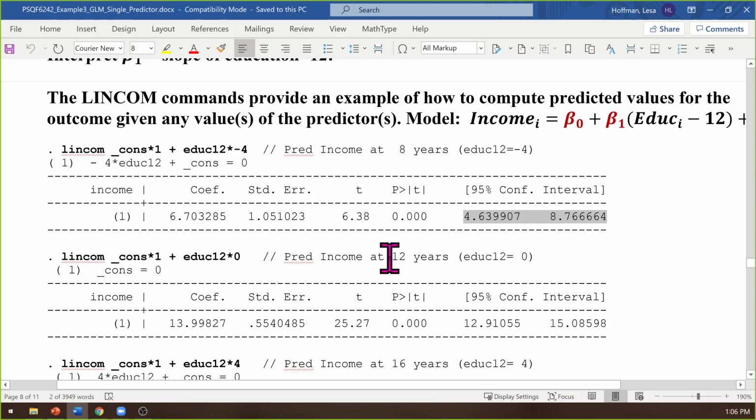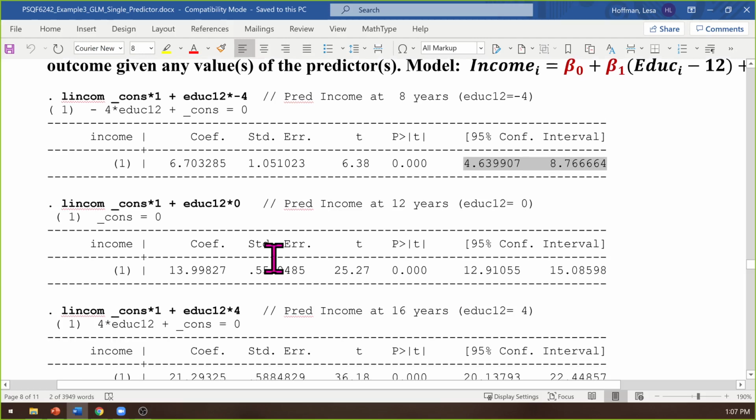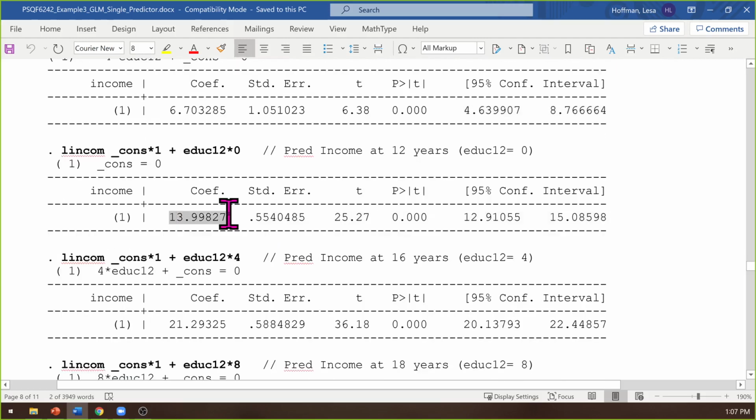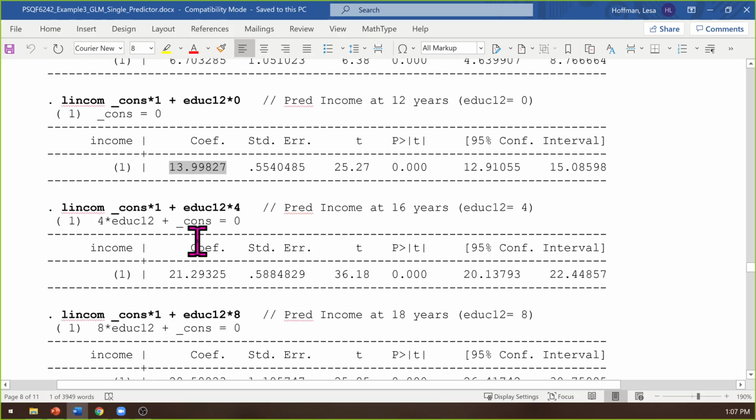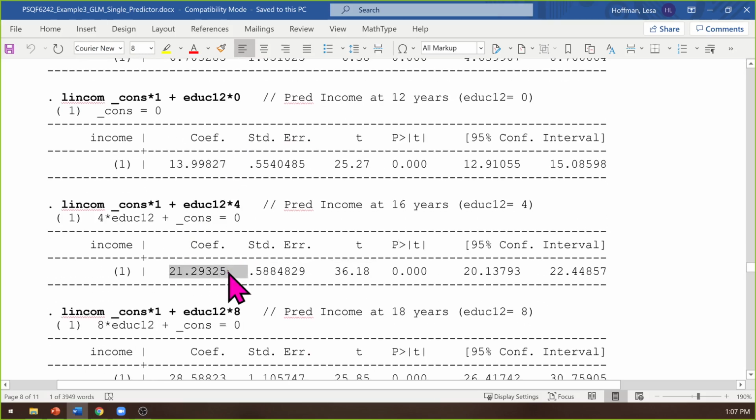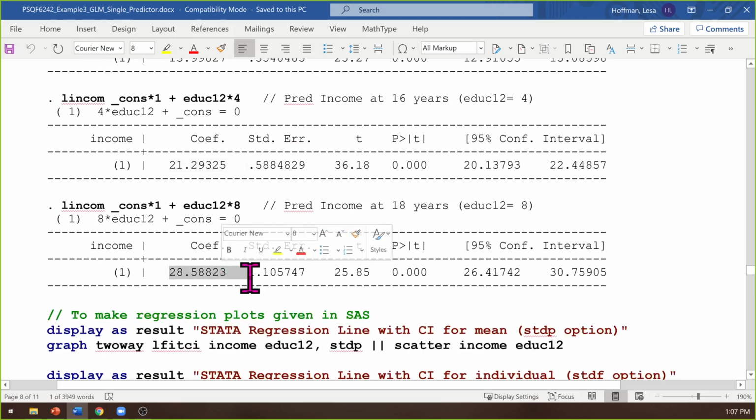So if you wanted to, say, make a figure illustrating the results of your model, and you wanted to show predicted values with confidence intervals around them, this is a technique that would allow you to do that. So you can get predicted values for any level of your predictor variable in terms of what the model says it should be. So then we have for education equals 12, which is just the fixed intercept for the model again, and then one for education 16, then one for 20.